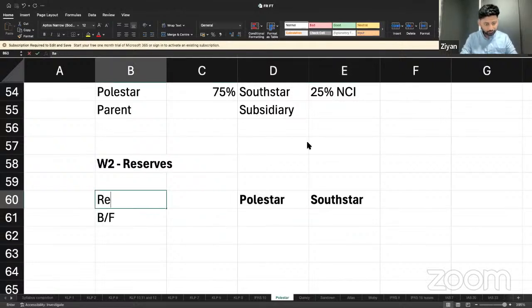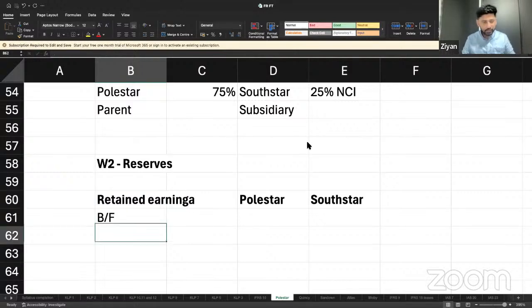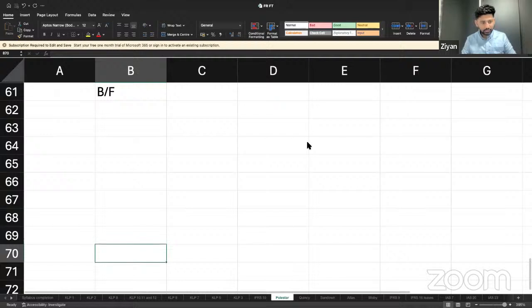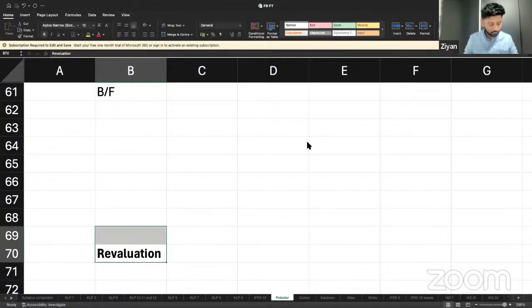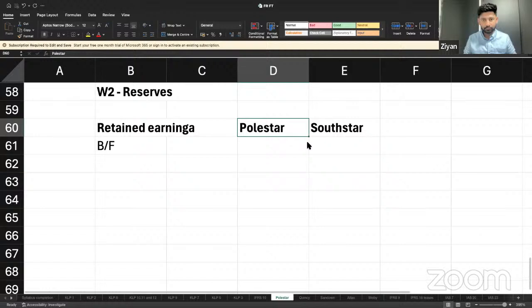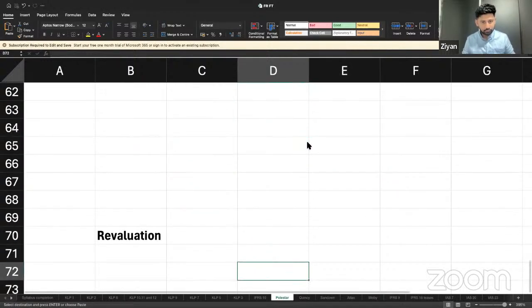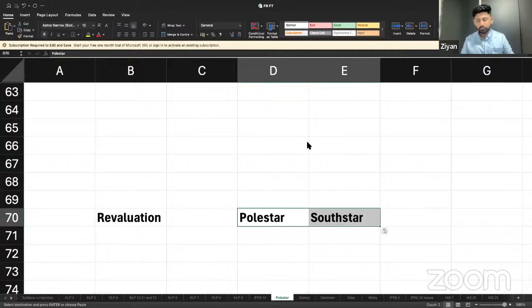Retained earnings, and then I leave some lines for revaluation. Are we clear? Yes.